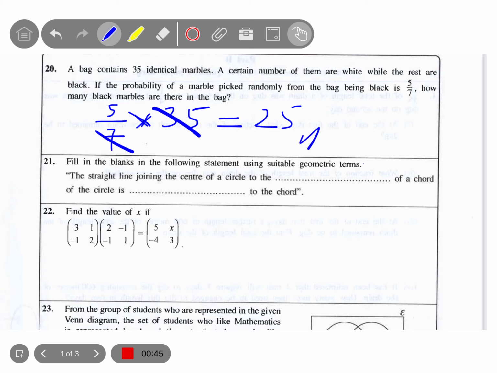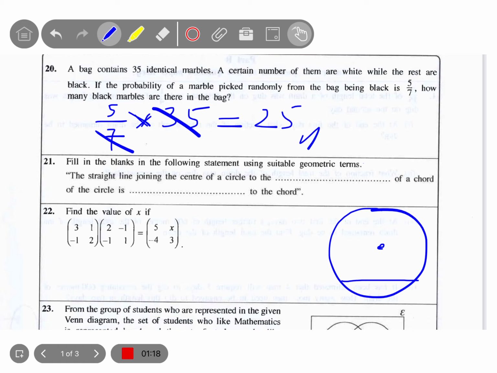So in fact this is not a pure probability question, but it's related to that. Next question, 21. Fill in the blanks in the following statement using suitable geometric terms. The straight line joining the center of a circle to the blank of a chord of the circle is blank to the chord.